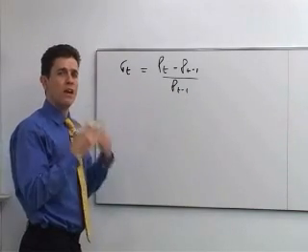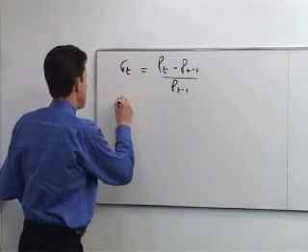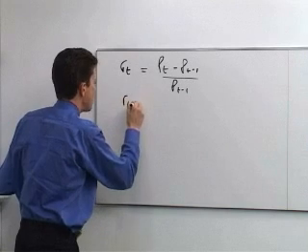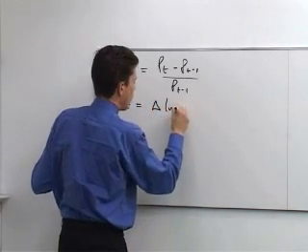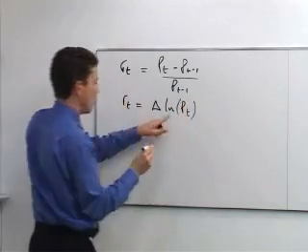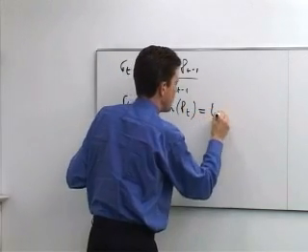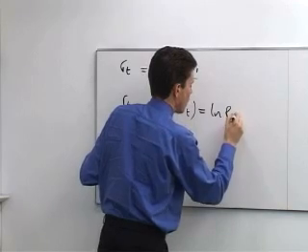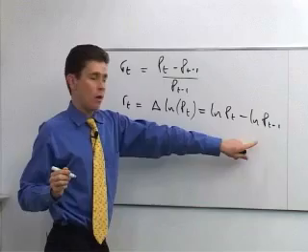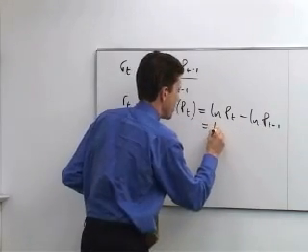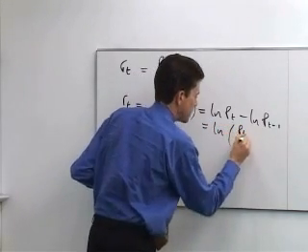But there's also another way to calculate returns, and we could define the return as being the change in the log of the price. In other words, that would be the log of the price at time t minus the log of the price at time t minus 1, which is also equal to the log of Pt divided by Pt minus 1.